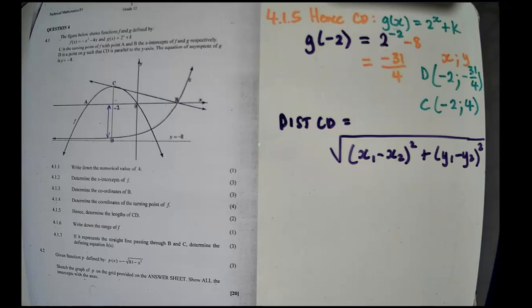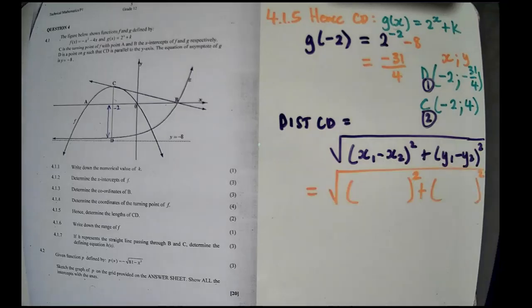Okay, but I know sometimes people don't understand that one. So practically, if the y value here was 4, so 4 plus that y value, take it as a positive though, right? So distance is always positive, so that means from there to there is 31 divided by 4. So 31 divided by 4 plus 4, and that should be your answer of CD. Okay, but if we use the distance formula, if we had to, then we'll substitute these 2 points, right?